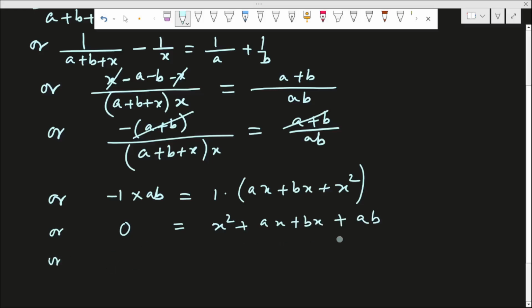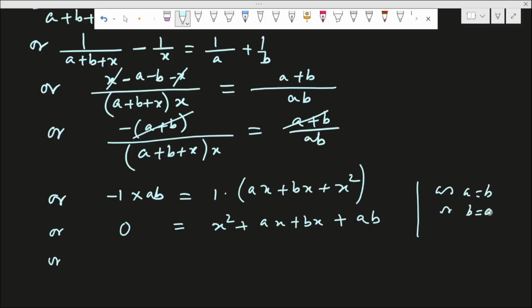Now writing the right hand side on the first side, a is equal to b or b is equal to a. That means writing it on the left, x square plus ax plus bx plus ab is equal to 0.